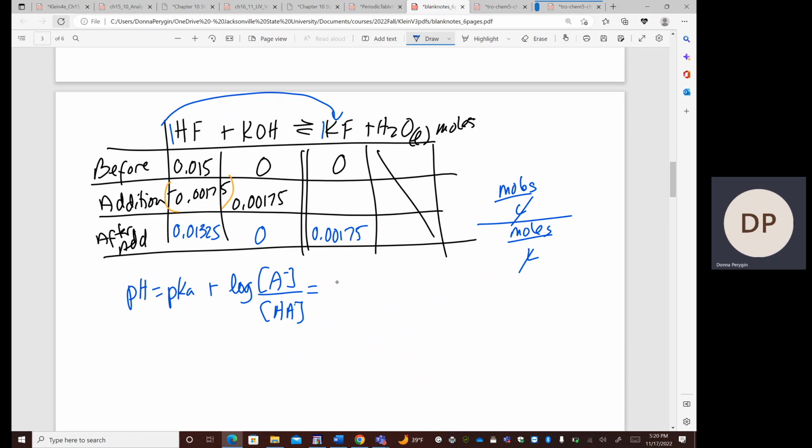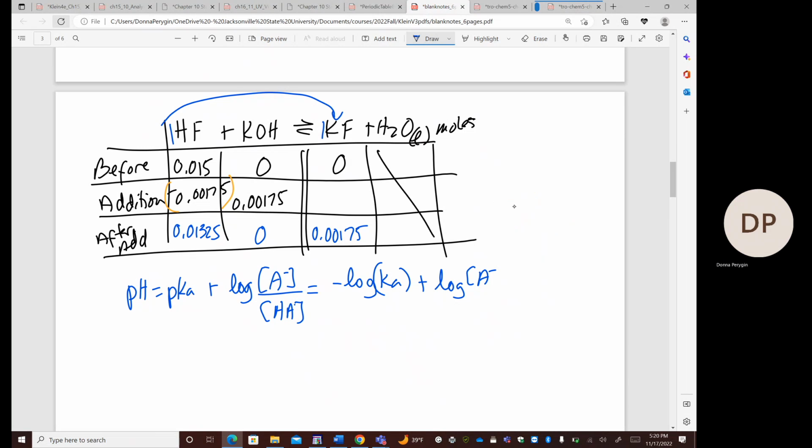So the pH is equal to the negative log of the Ka, right, plus the log of A minus over HA. I'm going to go ahead and erase this up here because it's in the way. All right, and so the pH is equal to the negative log of the Ka. So let's go ahead and put that in.